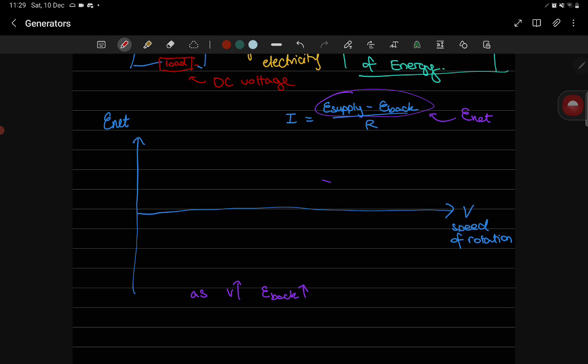So you start off with some maximum amount of net EMF, and that represents the supply EMF. Why? Because your maximum amount of net EMF is when your back EMF is 0, right? And you're not turning at all. As you go down, this is what happens as you speed up, right? You speed up, your back EMF goes up, your net EMF goes down.